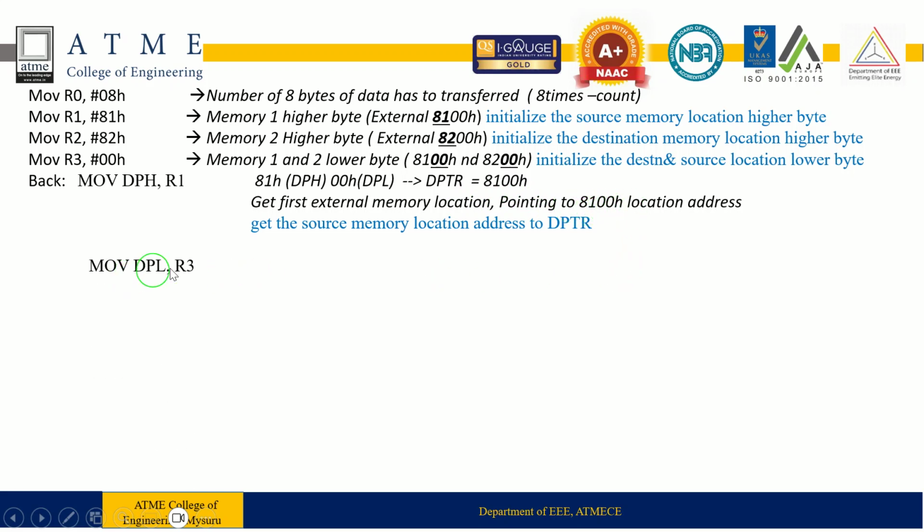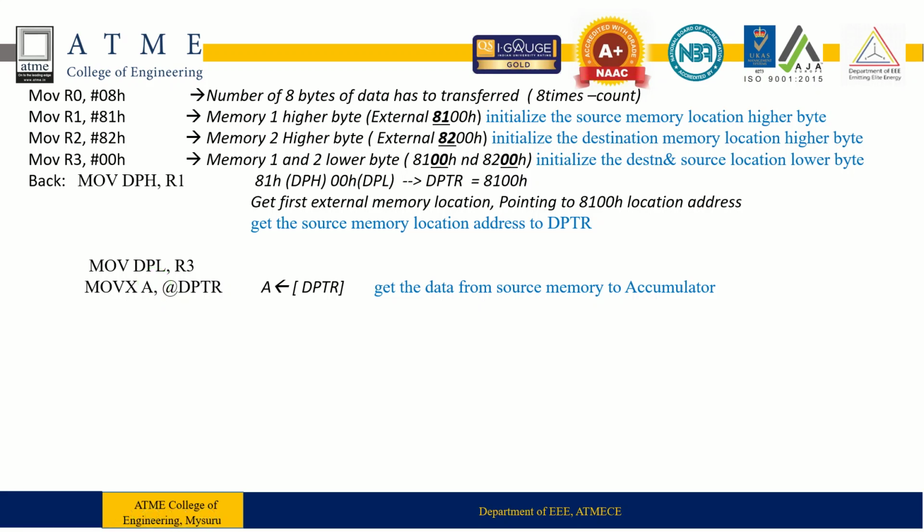Let us take R1 and move it to DPH; R3, which is initially saved with 00H, is moved to DPL. Now the pointer is pointing to 8100H. Whatever data is inside 8100H is moved to a temporary register called the accumulator. So get the data from the source memory into the accumulator.